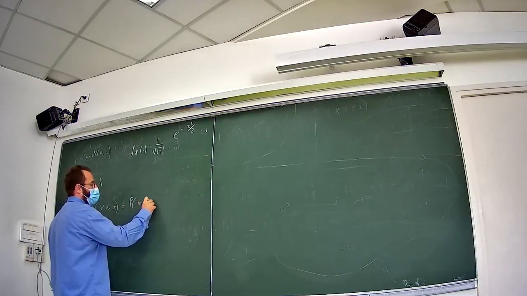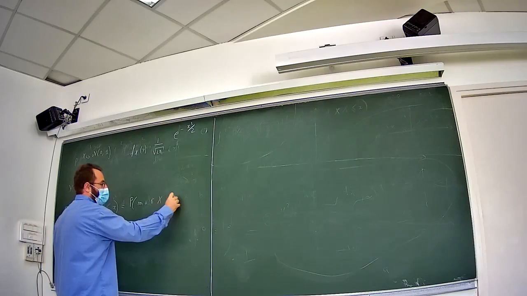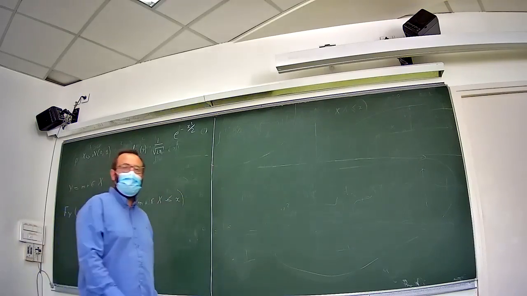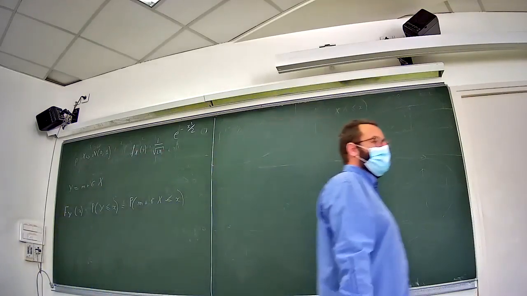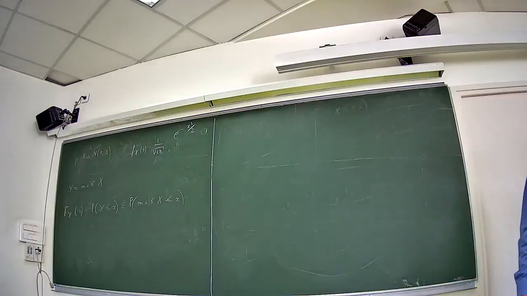And the idea is in fact to express everything using what I know, that is, using the fact that I know the distribution of capital X. Okay, so we are going to try to make appear the distribution function of what we know, that is the distribution function of X. Okay?